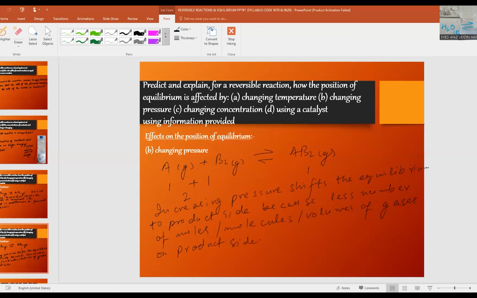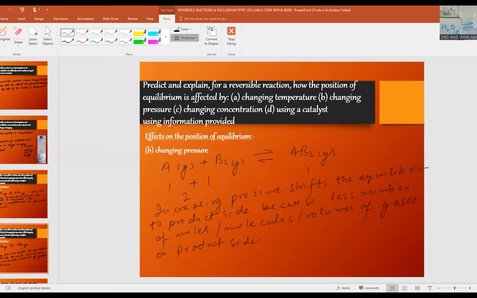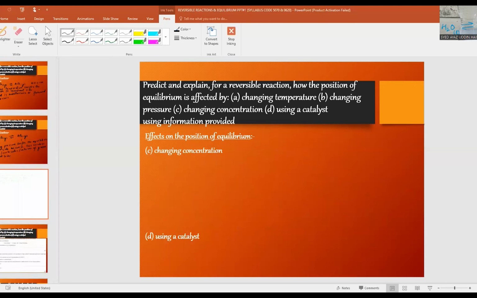You can write the reverse argument. For this one, like higher number of moles on the reactant side.